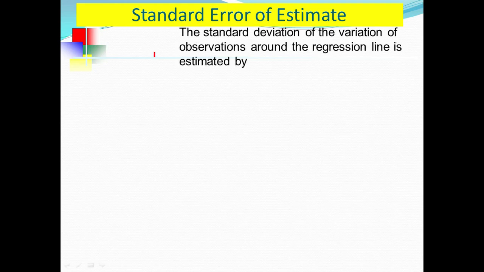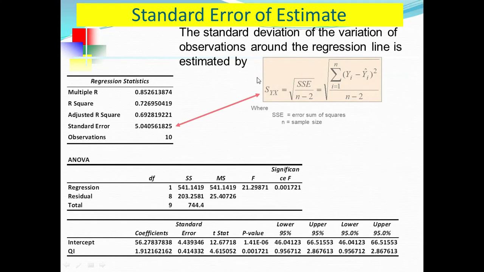The next issue is how good the regression line is in doing the prediction. We can answer that question by calculating the standard error of the estimate. Standard error refers to the standard deviation of the variation of observations around the regression line, and it is estimated by this formula. In terms of interpretation, it is very straightforward.